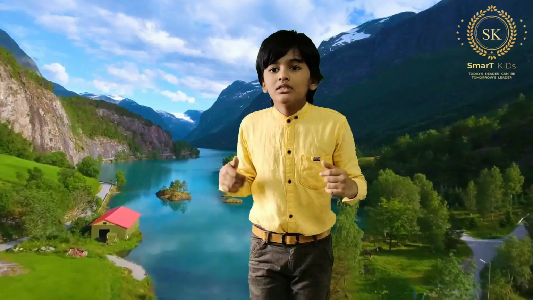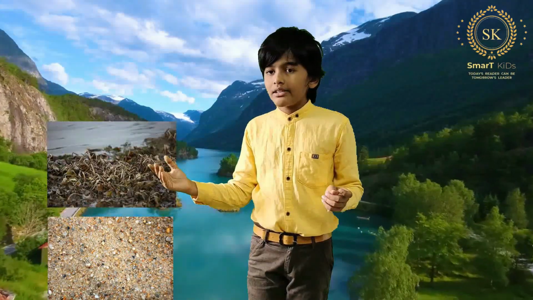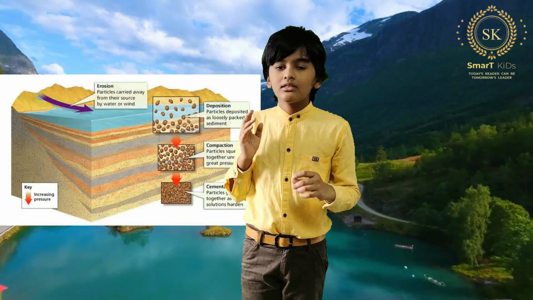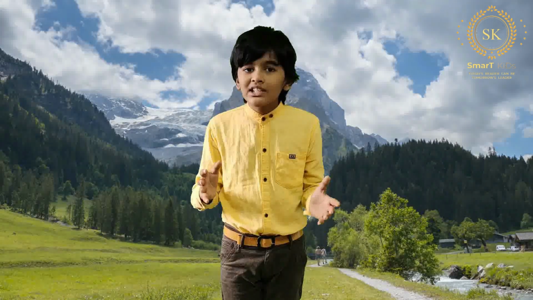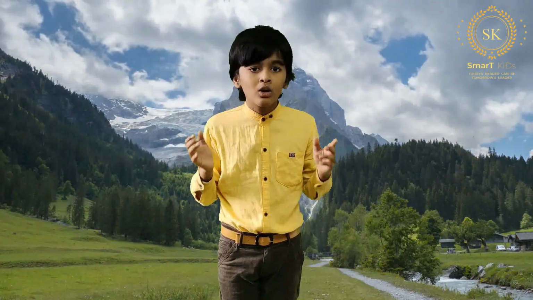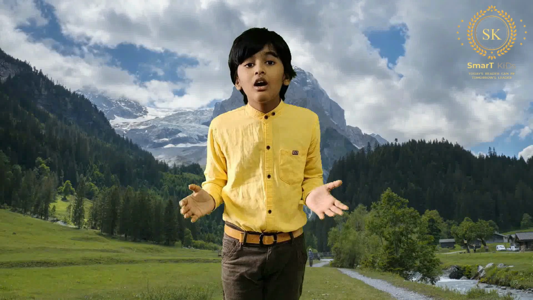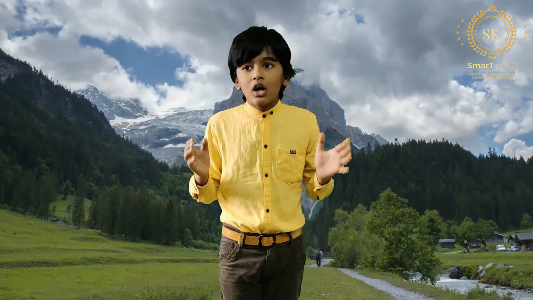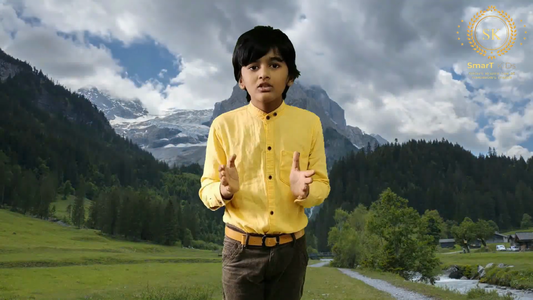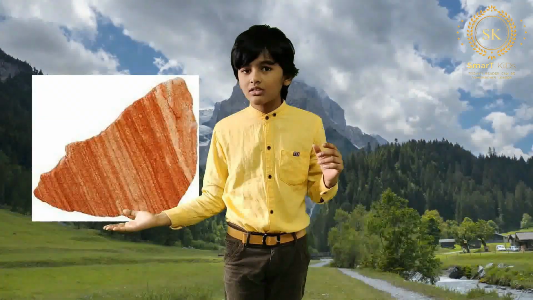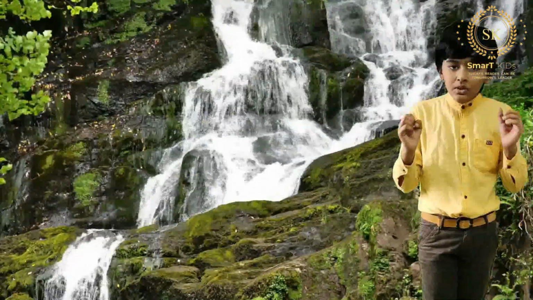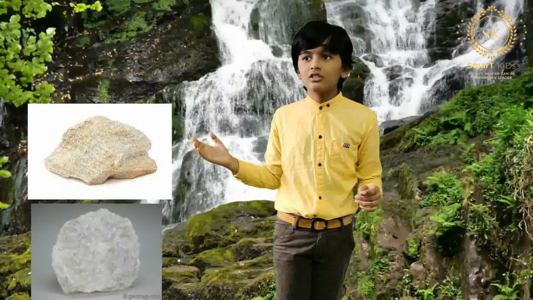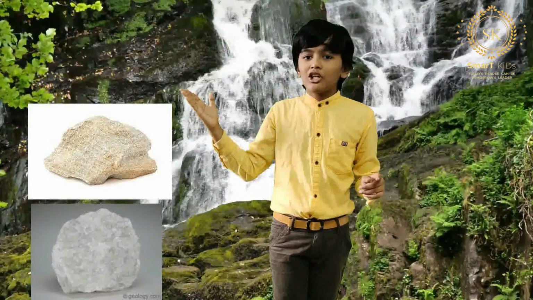Layers of sediment, dead plants, and other organic material get deposited one over the other. With the accumulation of successive layers, the lower layers get compressed. After a few years, they become harder and form rocks. Those rocks are called sedimentary rocks. Examples of sedimentary rock are limestone, sandstone, and shale.